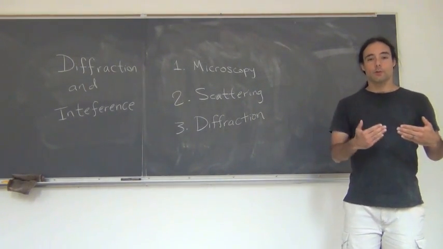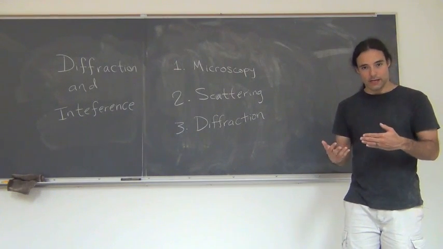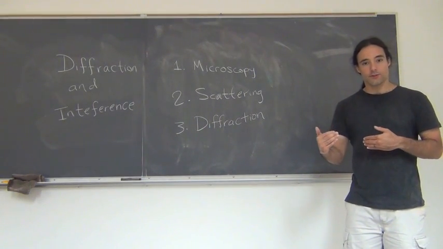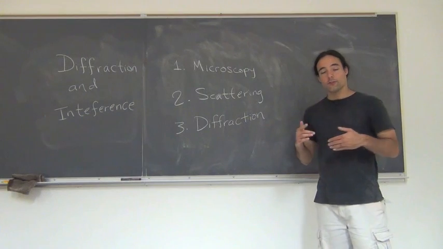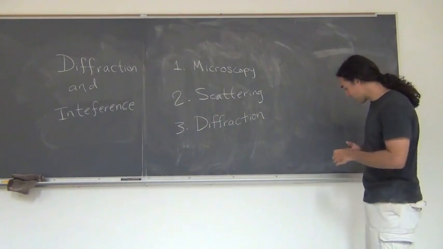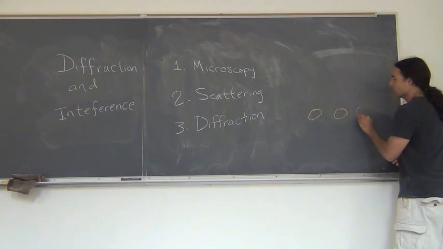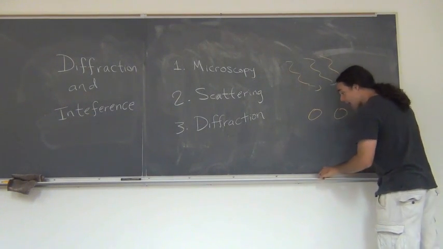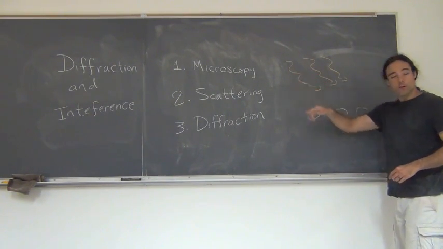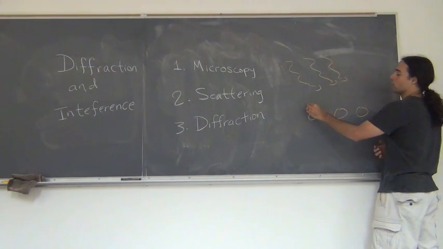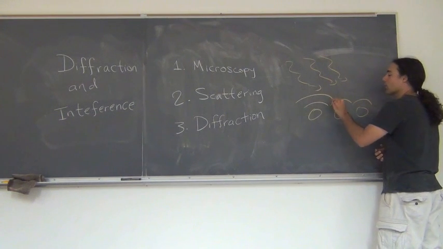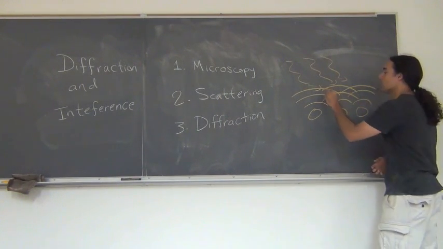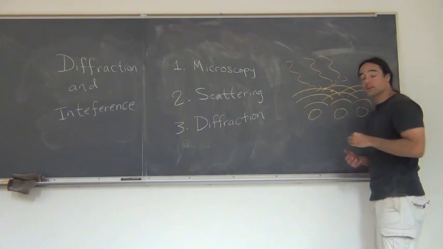So if we were back in the early 20th century and we had just discovered X-rays, we would know that the wavelength of X-rays was about the same size as the spacing of atoms in a crystal. So we could use X-rays, we could shine X-rays onto some sample. So let's say this is my surface. I shine a bunch of X-rays in. And if my source for X-rays is a good source, what will happen is we will reflect off of these atoms and get different spots of constructive interference and destructive interference.